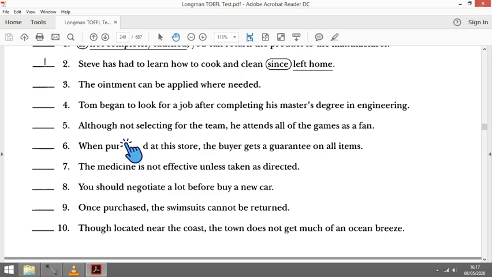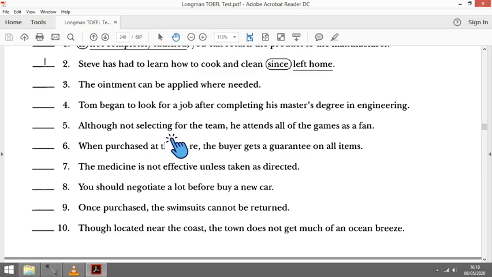It should be he is not selected for the team. Okay, look at the meaning. Try to learn about passive voice. How will the meaning be if we make it passive? We have to make it passive, so the meaning connects to the other sentence. So number 5 is incorrect.